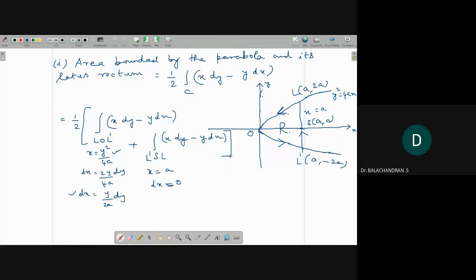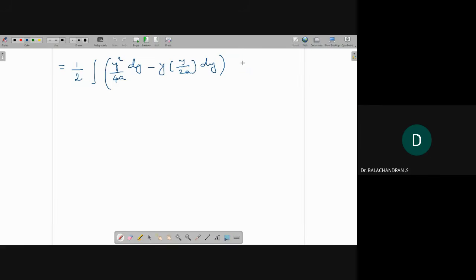On L dash, x is equal to a and dx is equal to 0. dx is equal to 0 means this is 0. So x is equal to a. So integral a dy. So plus 1 by 2, because 1 by 2 is common. So I'll write here.